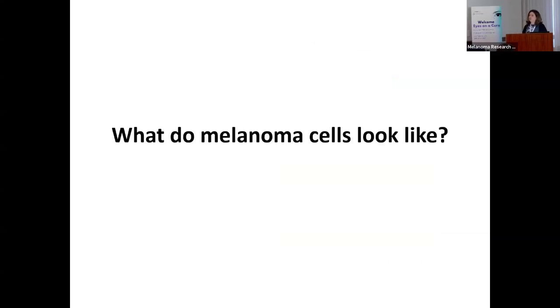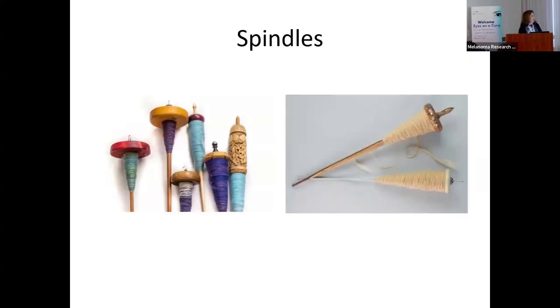So what do cells from melanoma look like? I'm showing you spindles. My mom always wanted me to learn how to sew. I never did. So I took these from the internet. These are spindles. It seems like you wrap thread around these spindles.